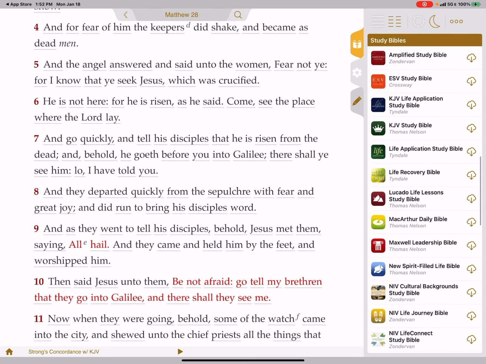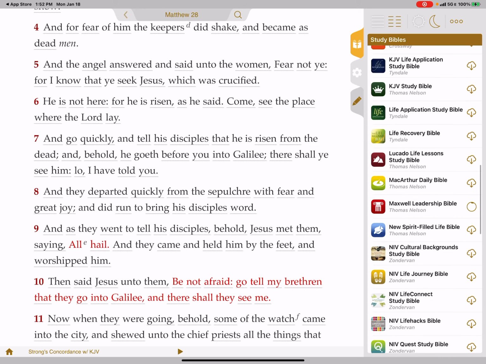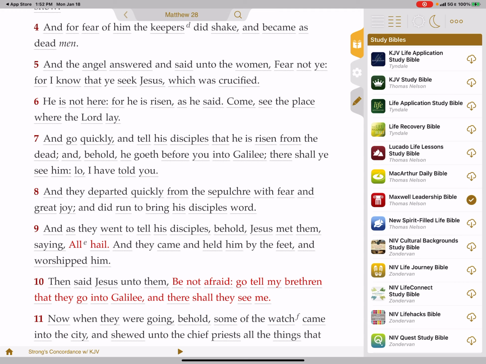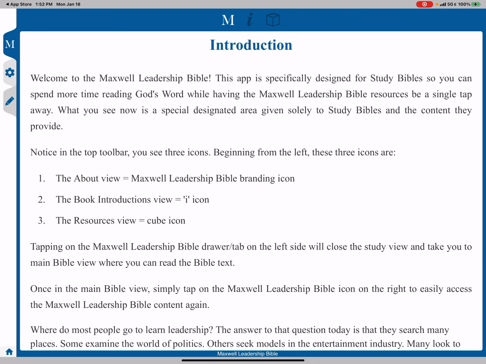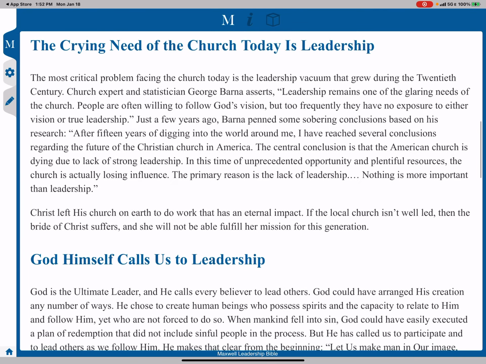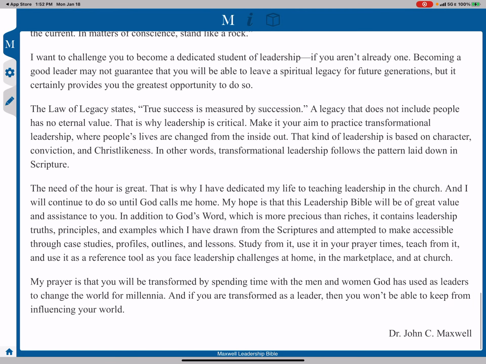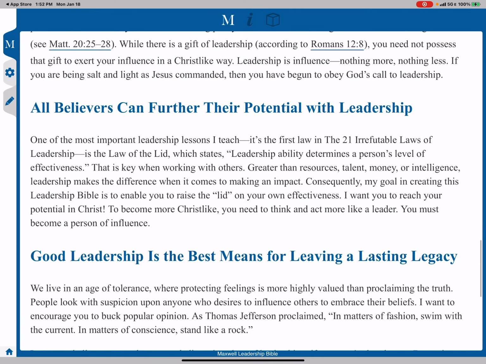So let's pick one of my favorite study Bibles. And one of my favorite study Bibles is the John Maxwell's Leadership Bible. Here it will tell you the about information, and whatever he has here will be a small note by Dr. Maxwell or whoever the author is.